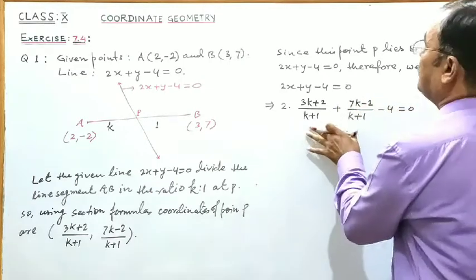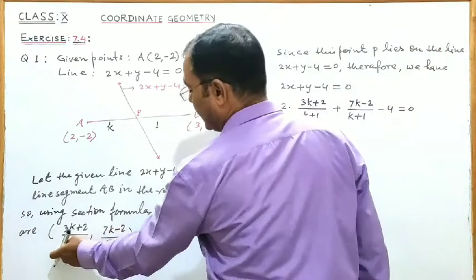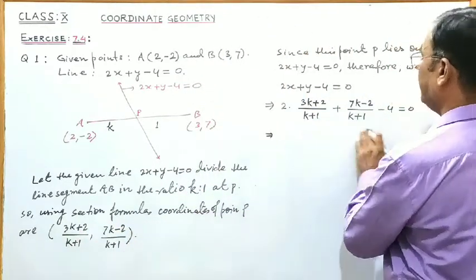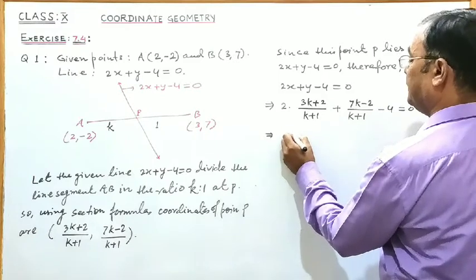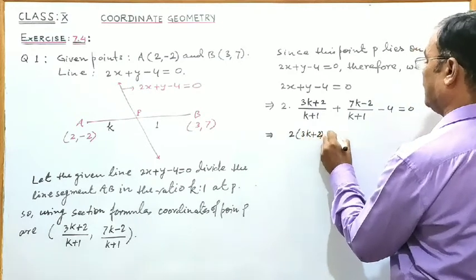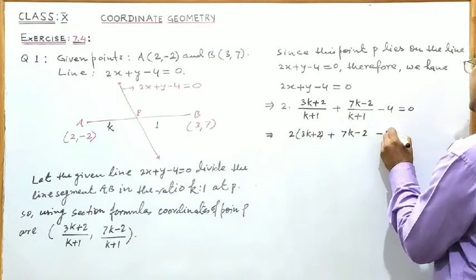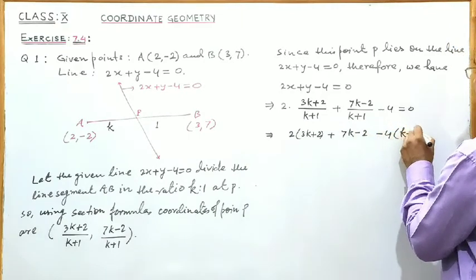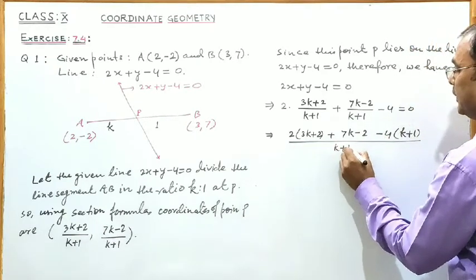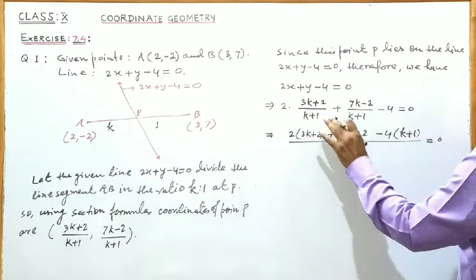What we have done here, actually in the given equation of straight line we have substituted the coordinates of point P. Now solving this equation, we have [2 into (3k plus 2) plus (7k minus 2) minus 4 into (k plus 1)] divided by (k plus 1), because k plus 1 is LCM of left hand side.